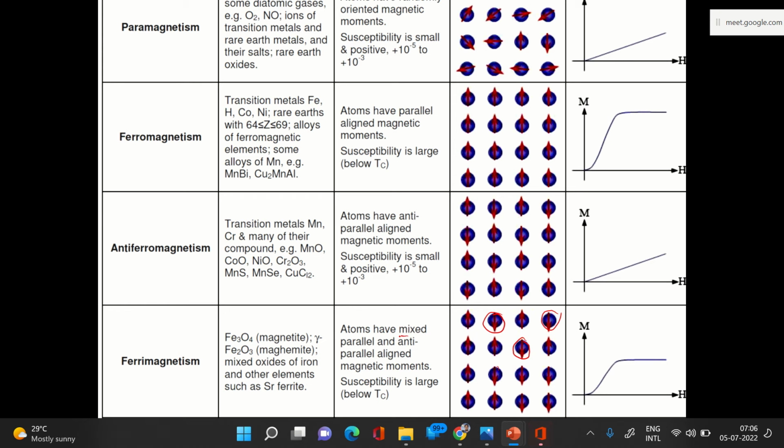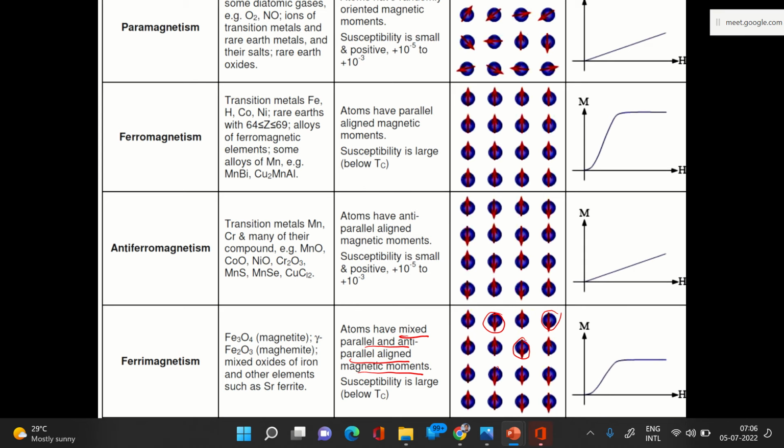Atoms have mixed parallel and anti-parallel aligned magnetic moments, but they do not exactly cancel out. In antiferromagnetic, we saw that it exactly cancels out, and on removal of the field it is 0.